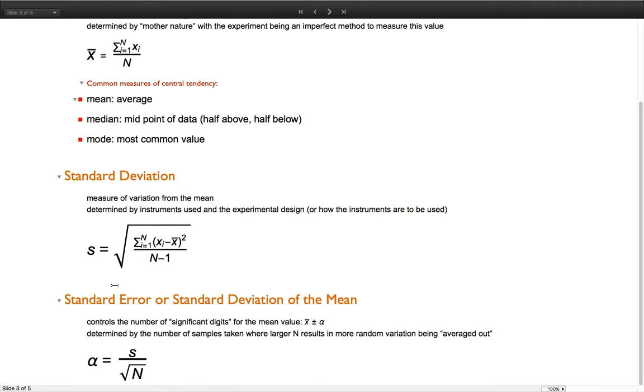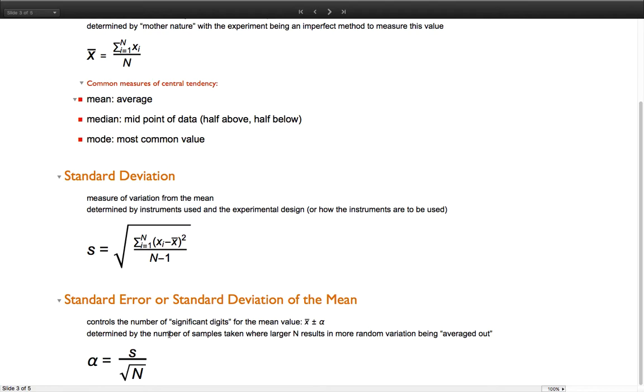To do that, what we do is we take the standard deviation, we divide by the square root of the number of samples. So the more samples we take, the better our average value will be. Now, what this alpha means is that take an experiment. Experiment, for an example, could be you measure the period of a pendulum using a stopwatch, and you measure it 15 times.